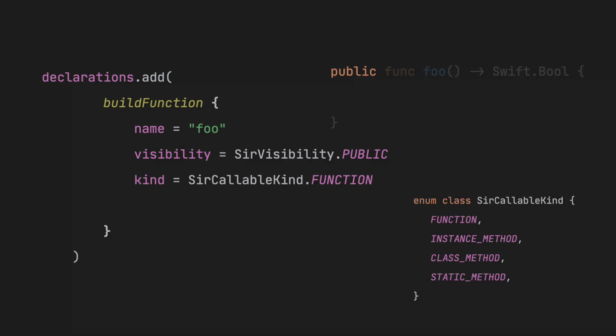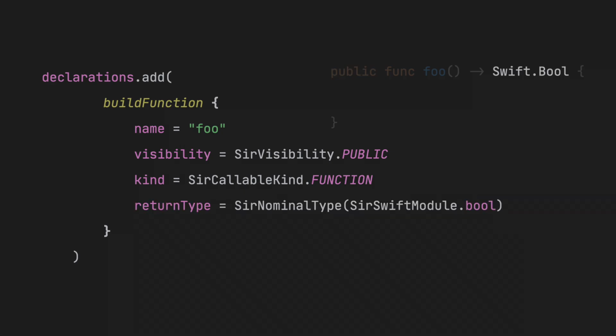We also need to specify the type of function this is. This function is a simple function type, but you could also have static methods, class methods, instance methods. We'll look at instance methods later on. We could specify the type of callable this is by using this enum class.